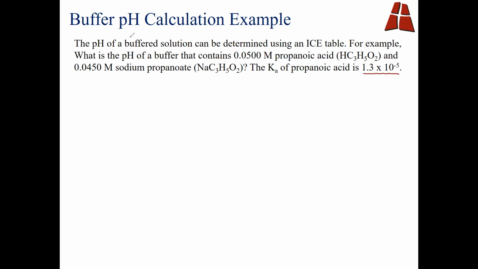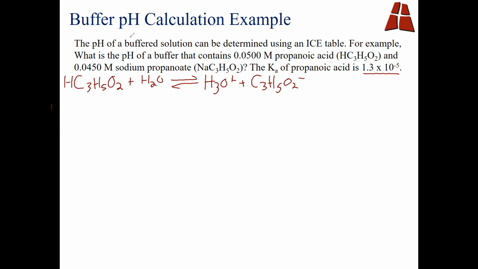I would always recommend starting by writing your chemical equation. So we have HC3H5O2. We would say that that could react with water, and it would be in equilibrium with our hydronium, H3O+, and our conjugate base, C3H5O2 minus.